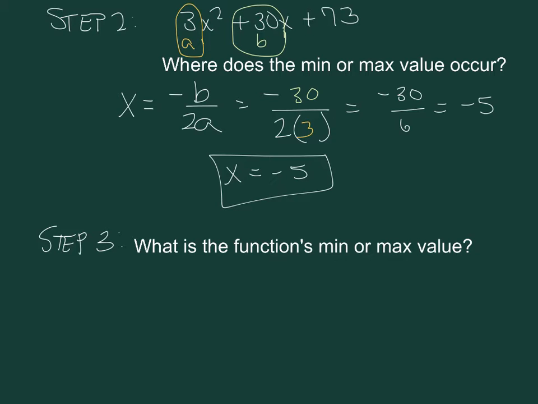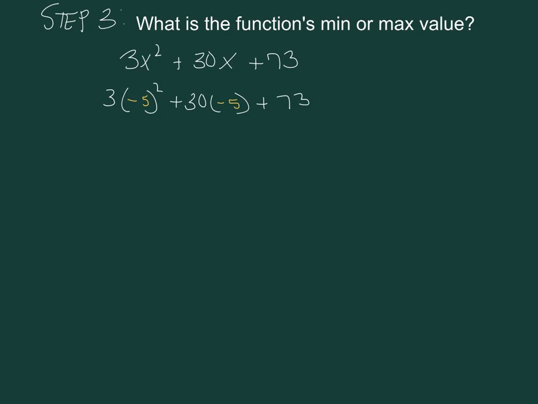So if we do this, let me just rewrite this, 3x squared plus 30x plus 73. I'm going to rewrite this as 3 times parentheses squared plus 30 times parentheses plus 73. Basically, negative 5 goes into each of those. The nice thing about this now is we just have to plug and chug.